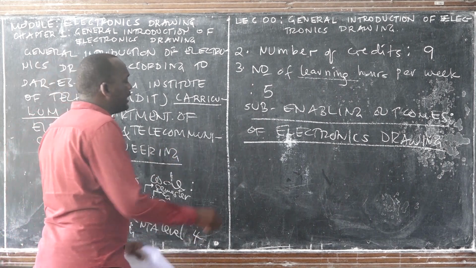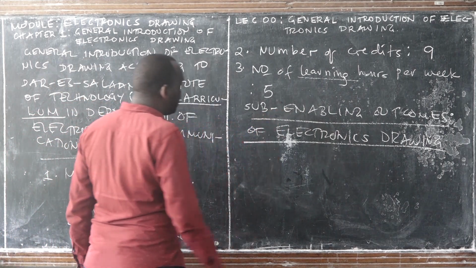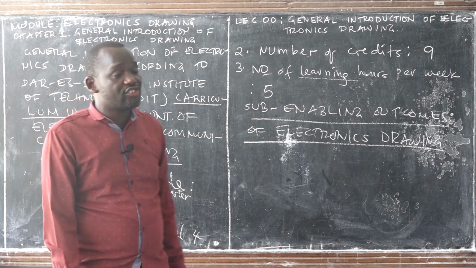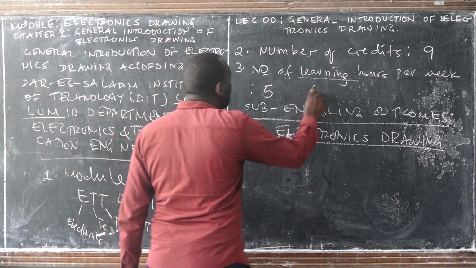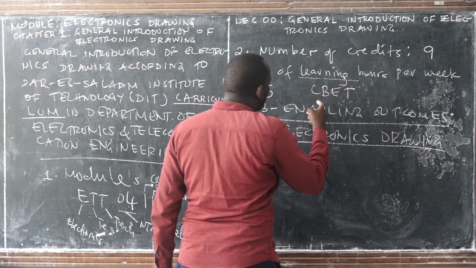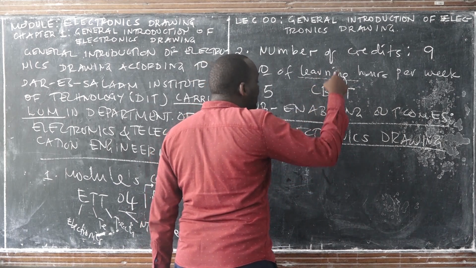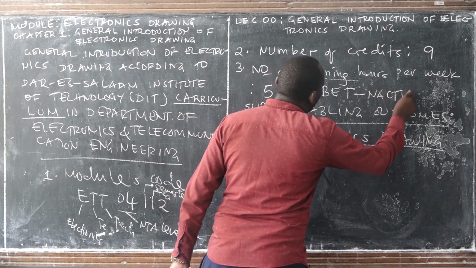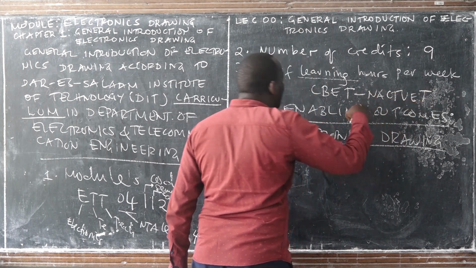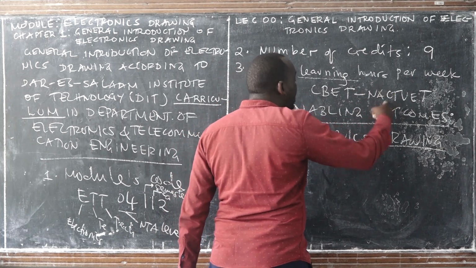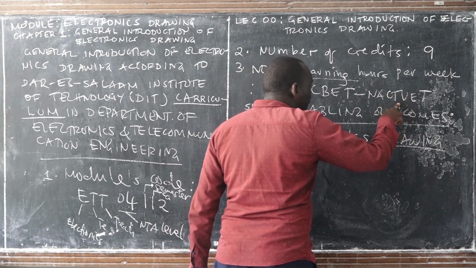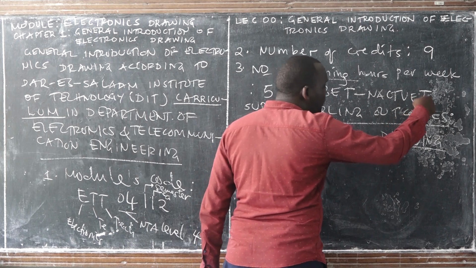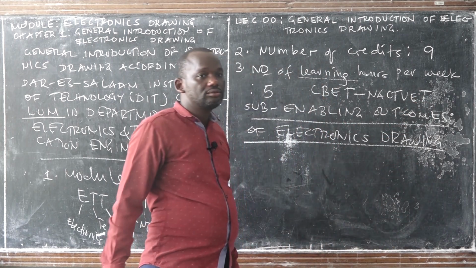That guidance in higher level institutions, and especially for the competence-based education training that we call CBET. CBET is an abbreviation of competence-based education training according to NACTVET. NACTVET is an abbreviation of National Council for Technical and Vocational Education and Training.